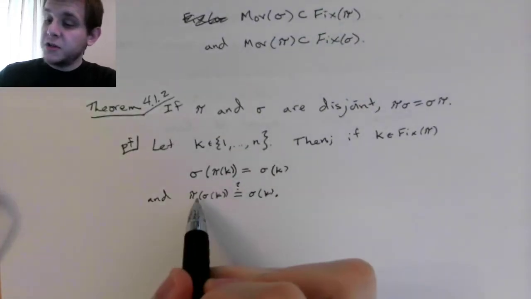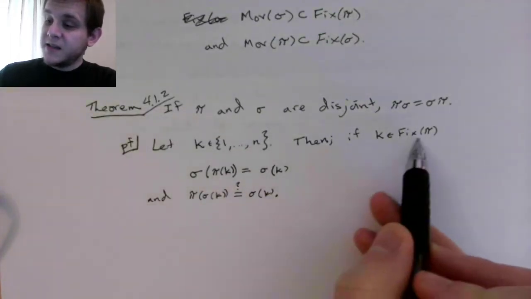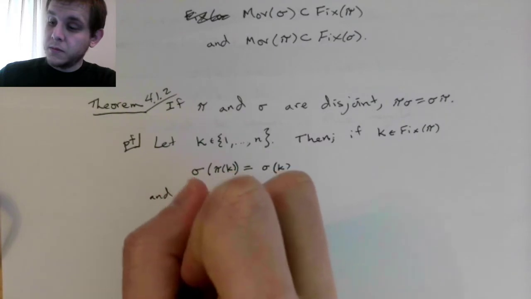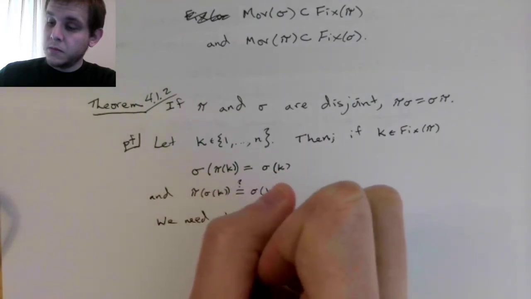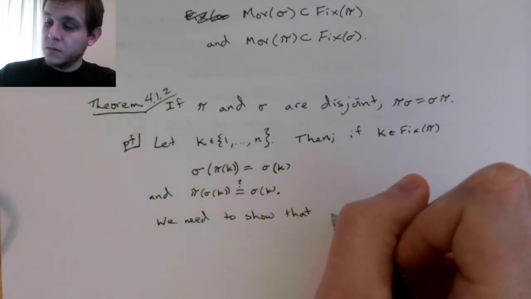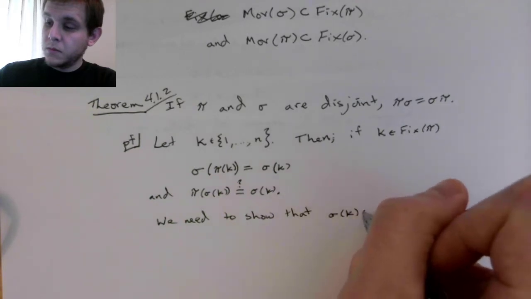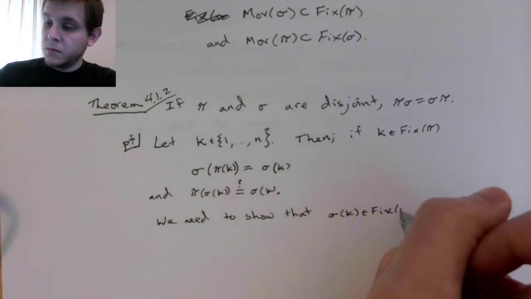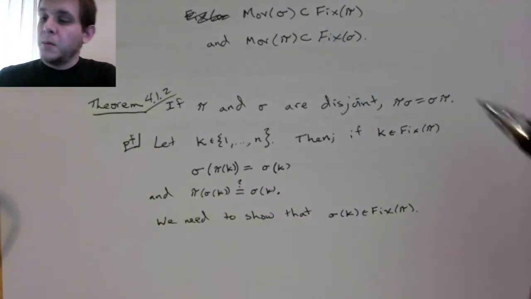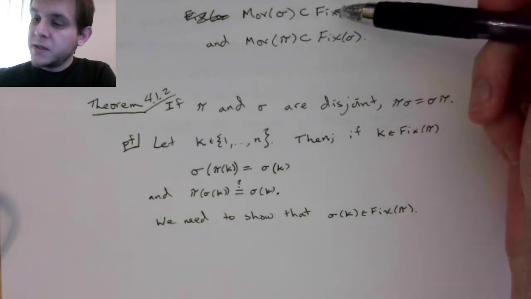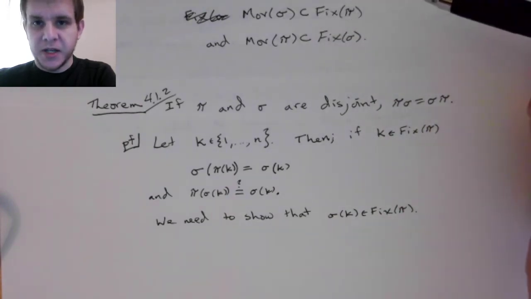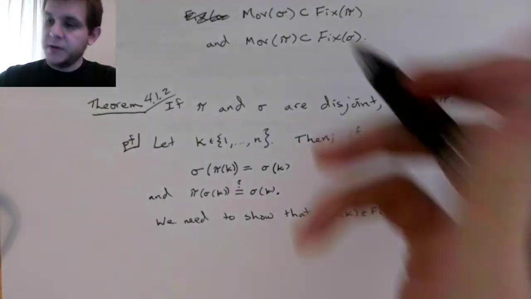So what do I need to show? I need to show that if k is in the fixed point set of pi, then so is sigma of k. But what do I know? I know that the moved point set of sigma is contained in the fixed point set of pi. So things that move under sigma are fixed under pi.